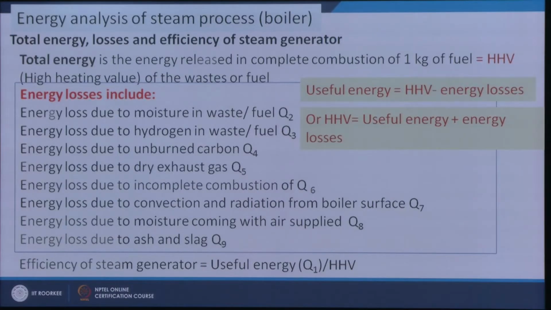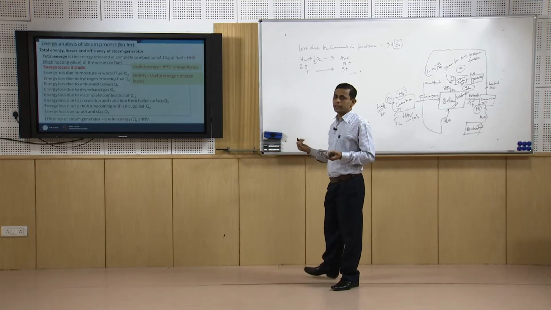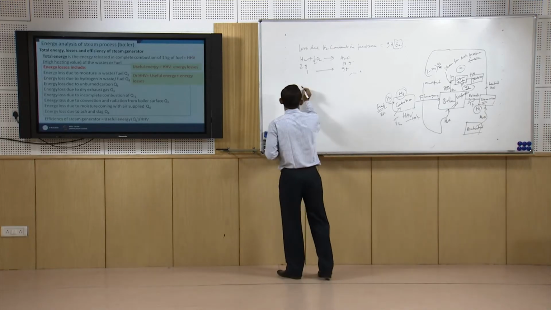We will have some other losses also, like energy loss due to unburned carbon. All carbon present in the feedstocks may not be completely converted, so some unburned carbon will be available. The heat content of the unburned carbon we are not able to utilize, and that is why it is a loss.